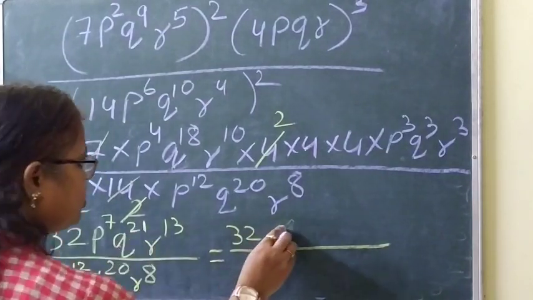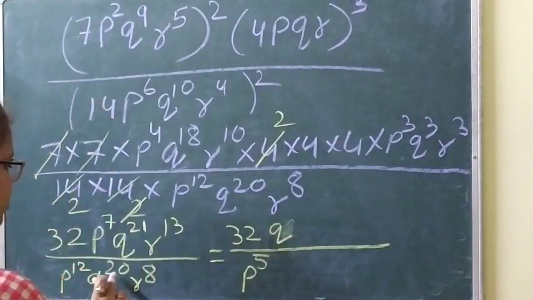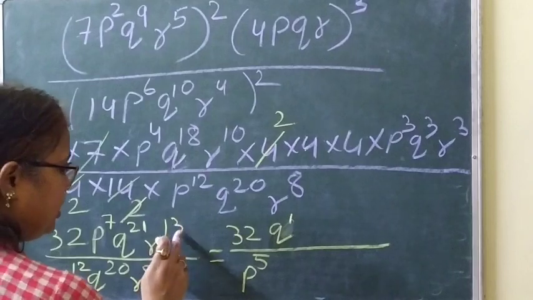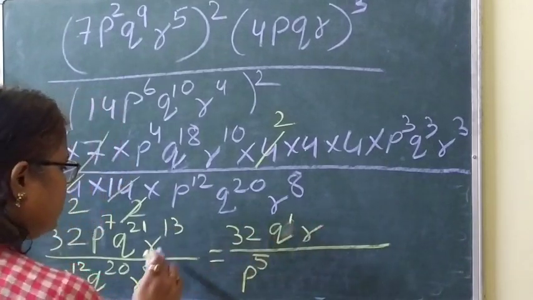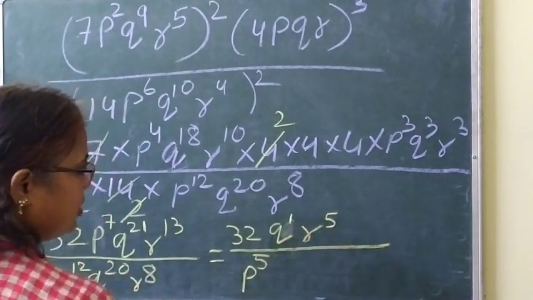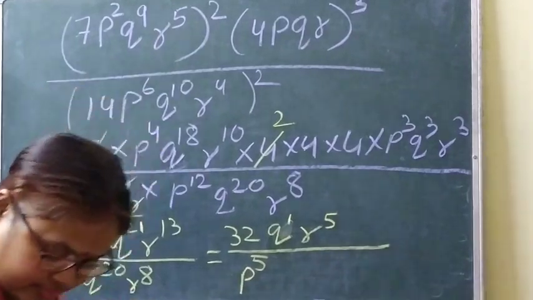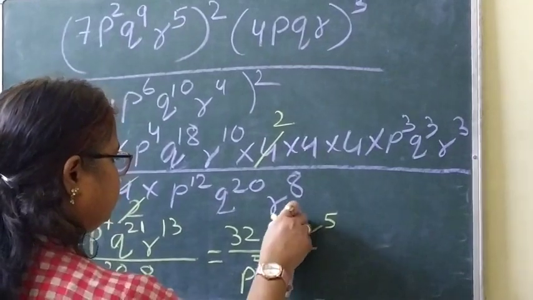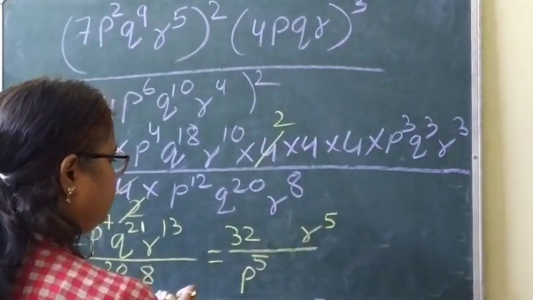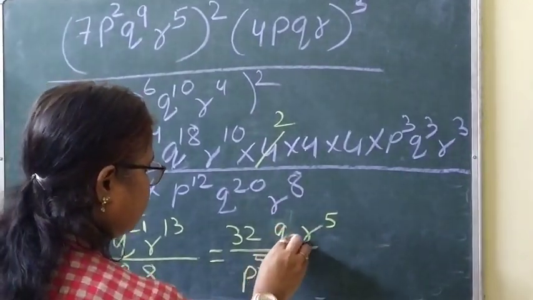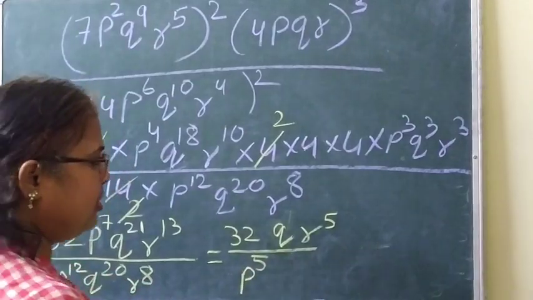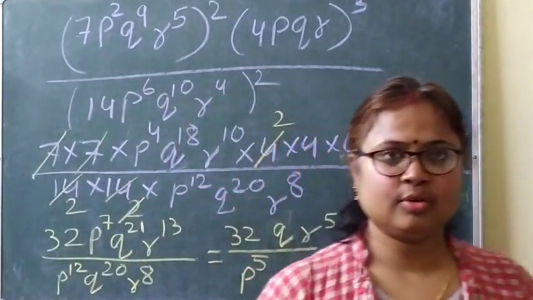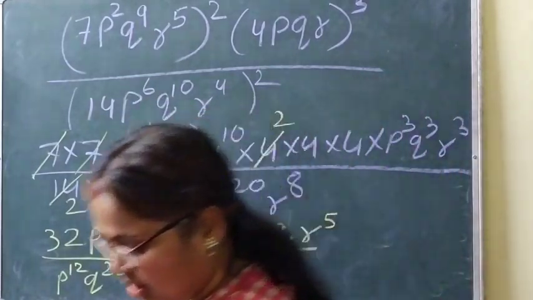This one is greater, so here we will write q. 21 minus 20, 1. And then r, which one is greater? Numerator is greater. So r to the power 13 minus 8, 5. So your answer will be q, r and p to the power 5. Okay. Now, clear to all of you? Okay. Now let's do the next one.